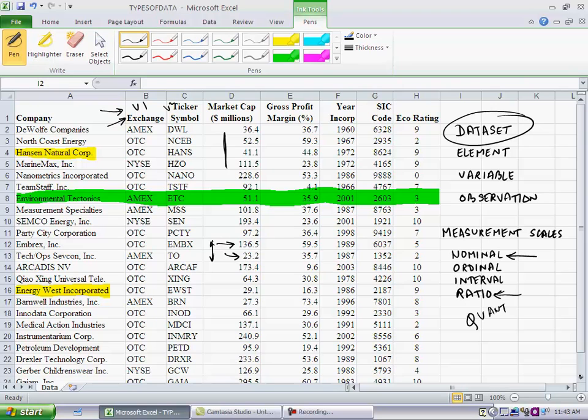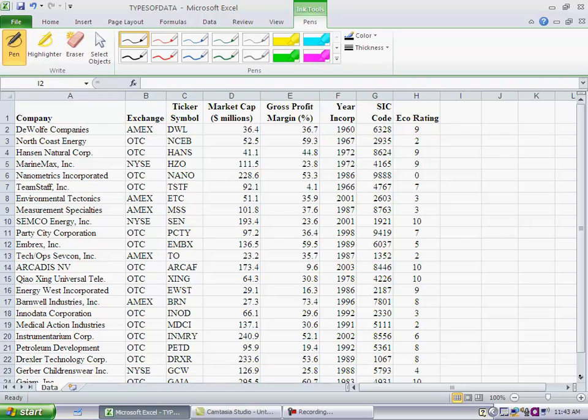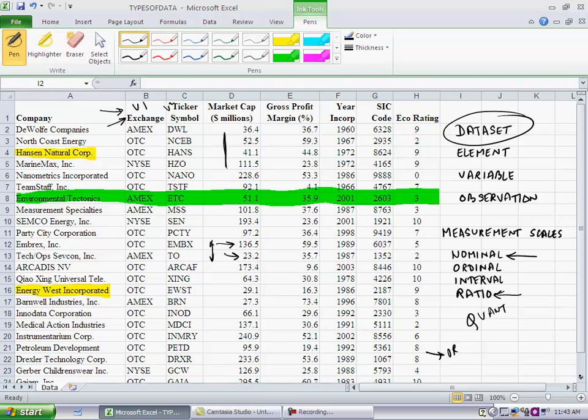Now, if you look at the last column, eco rating, you can see that it's also numbers. So some organization is rated 2, some is rated 3, and so forth. But here the ratios don't make sense. This is what's called an example of ordinal data. Okay, ordinal.